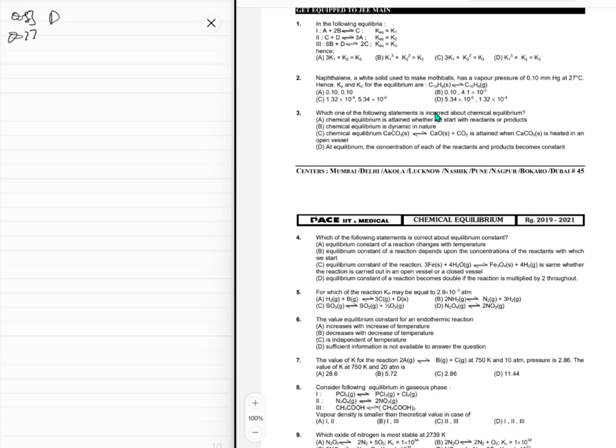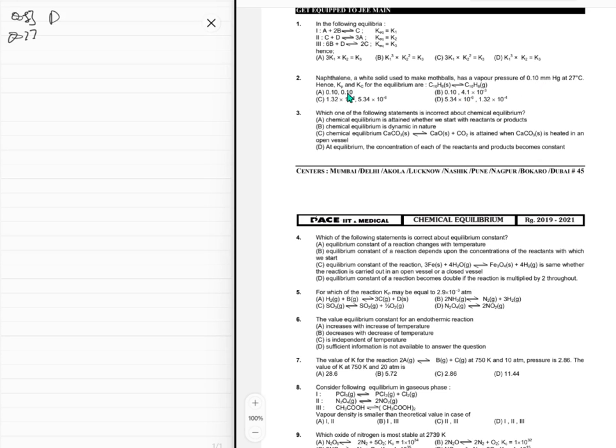Naphthalene, a white solid used to make mothballs, has a vapor pressure of something at 27 degrees Celsius. Find Kp and Kc for equilibria R. So this is the reaction, right? It's just normal sublimation. Kp is just the pressure itself, so it's just 0.10 millimeter Hg.